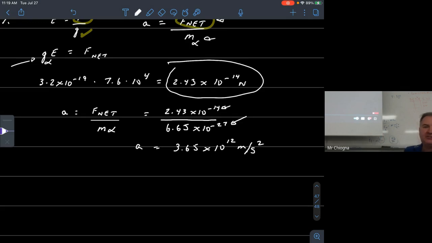Another definition, electric potential is defined as the potential energy divided by the test charge, small q. 1 joule over 1 coulomb is the unit for electric potential. Instead of joules per coulomb, we usually use the word volt. It's the same thing.